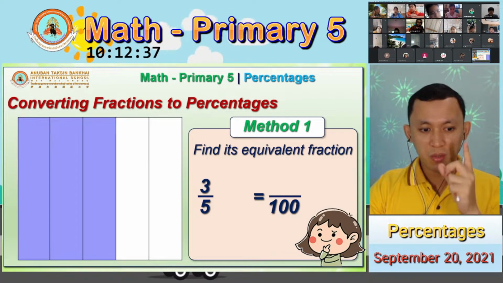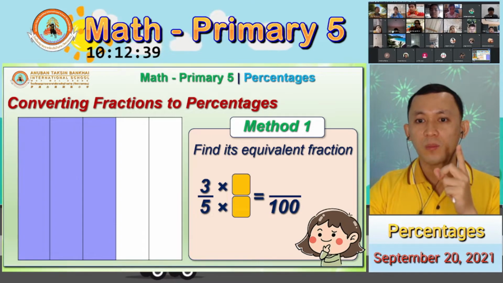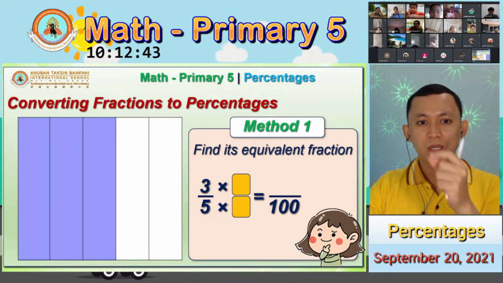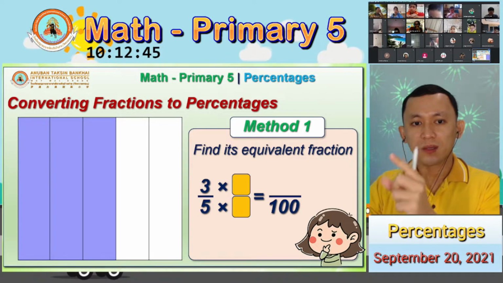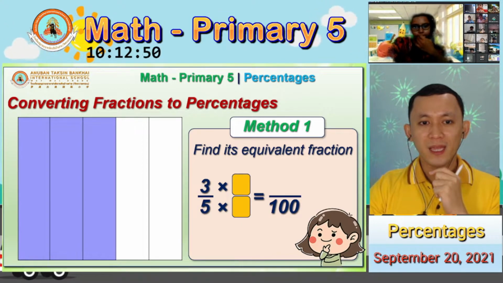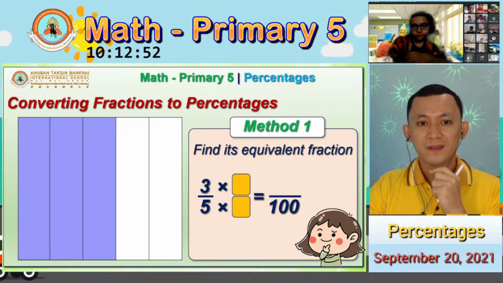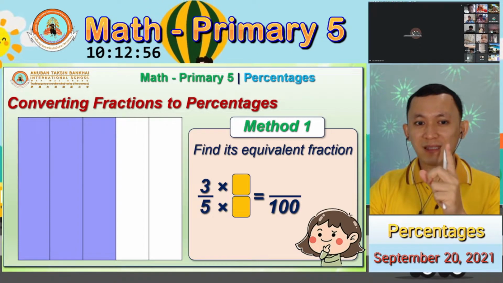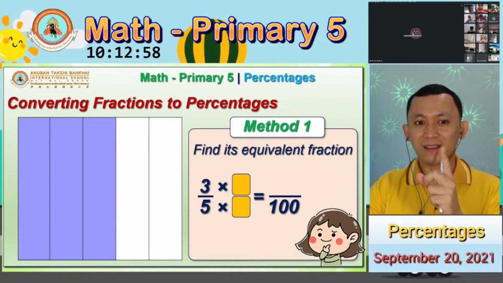Correct. So we are going to multiply 5 times what number to make it 100? What's the answer?